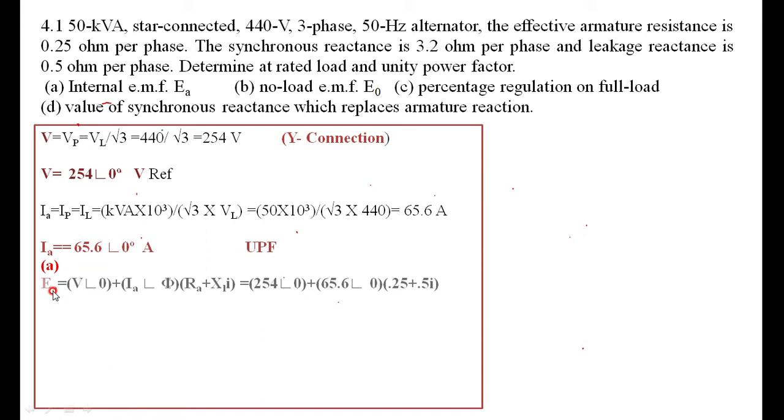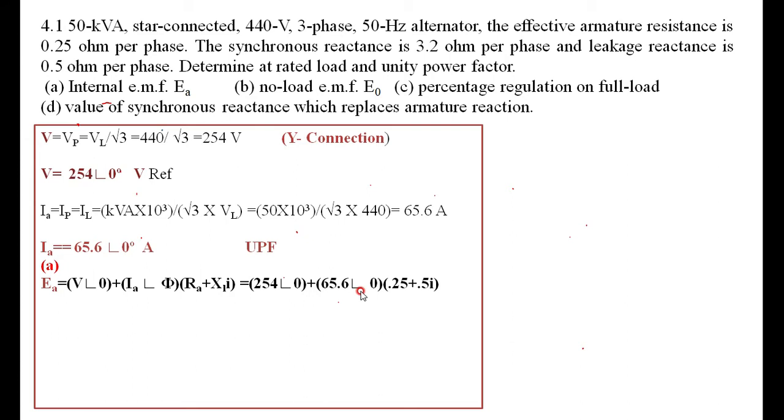Therefore, EA is V at an angle of 0 degree plus IA at an angle of phi into RA plus j XL, that is the leakage reactance. Here the power factor is unity, therefore phi you have to take as 0. I am substituting the value for V as 254 at an angle of 0 degree.